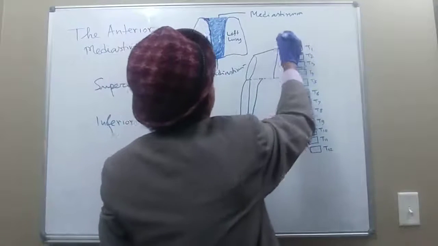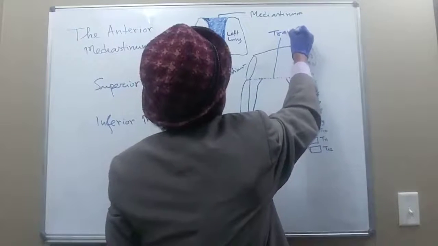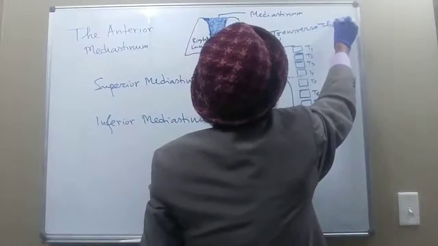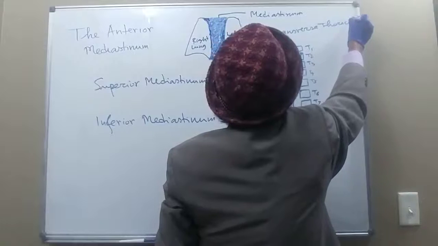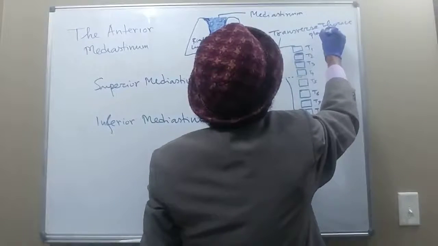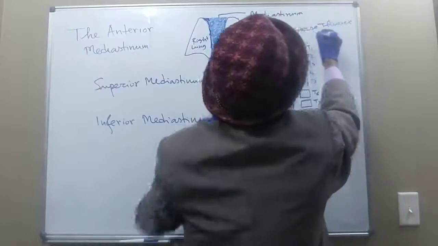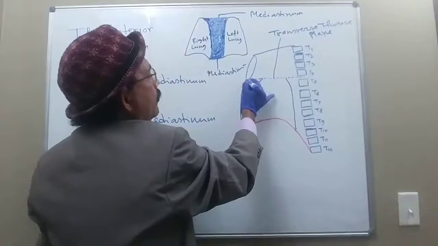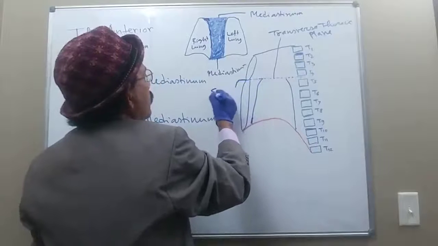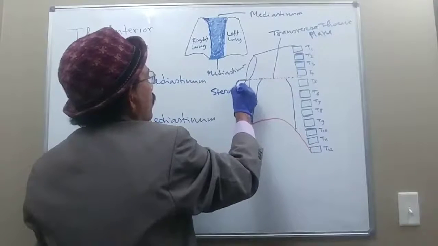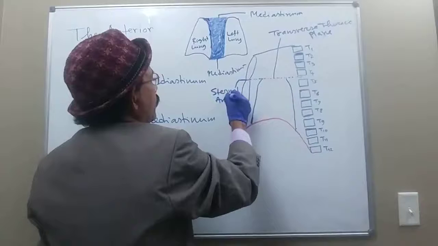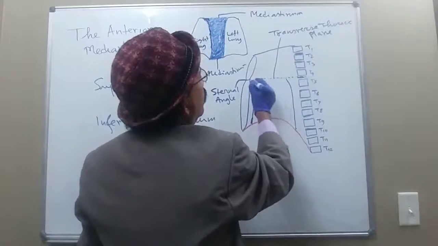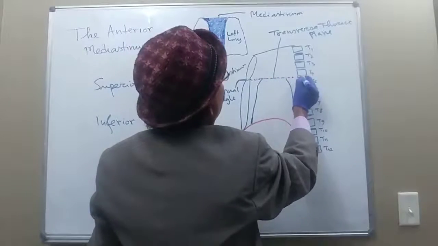This is the transverse thoracic plane that passes between the sternal angle anteriorly and the intervertebral disc between T4 and T5.